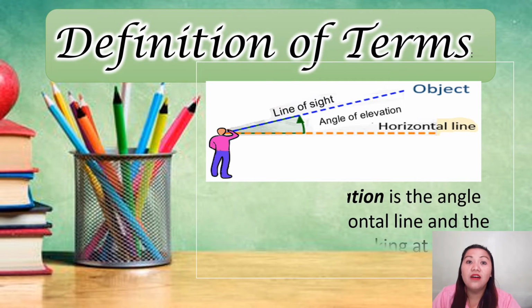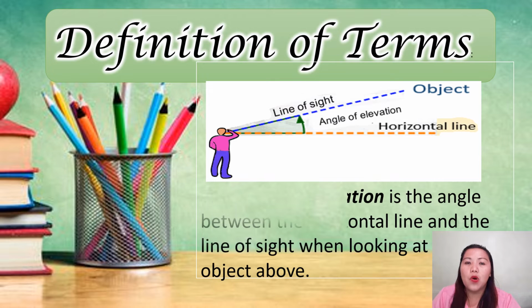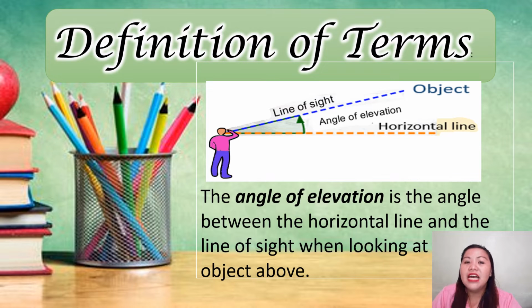So what is angle of elevation? The angle of elevation is the angle between the horizontal line and the line of sight when looking at an object above. In other words, it is the angle from the horizontal to the line of sight of the observer to the object above.